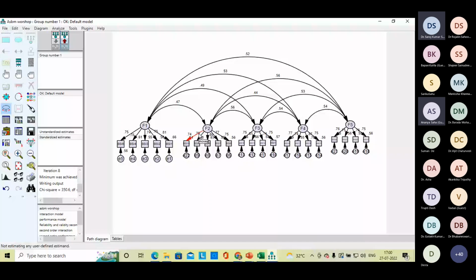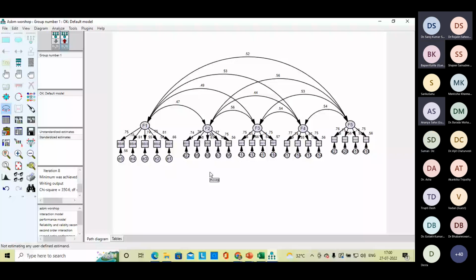Look at my cursor movement. 0.76 plus 0.74 divided by 5. How much are you getting? 0.764. Very good. Please record it.